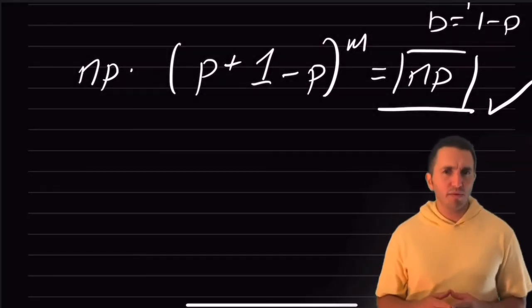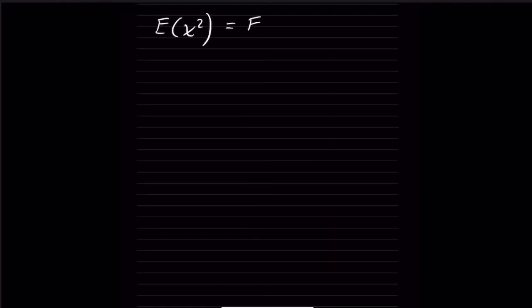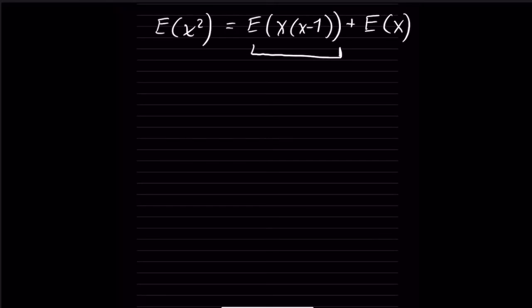And now we'll do the same thing for the variance. So like before, we can also define E of x squared, our second moment, as the expectation of x times x minus 1 plus E of x. Now, of course, we want to calculate this term here.